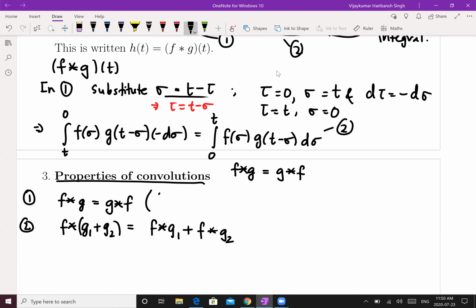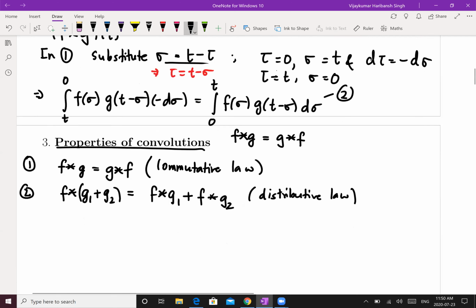So the first property is called the commutative law. This is the distributive law, distribution of star over addition.